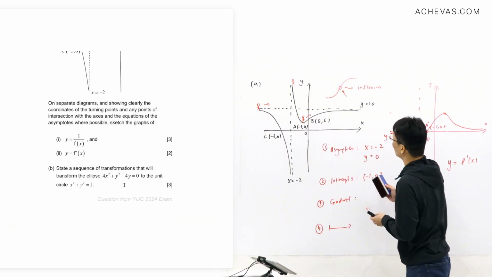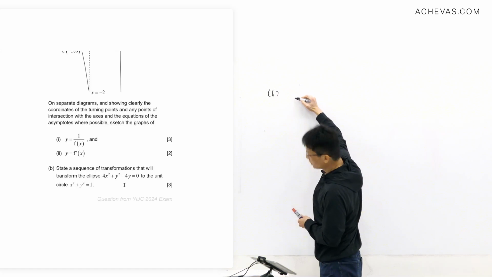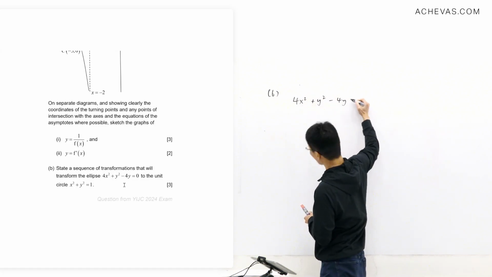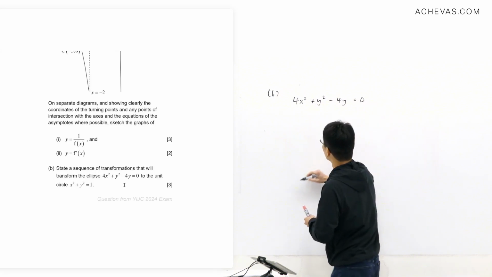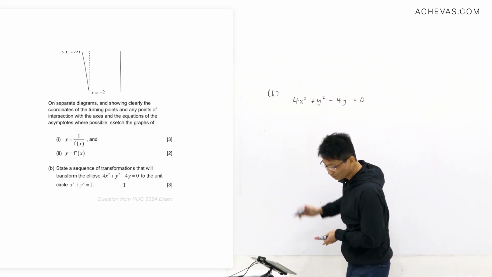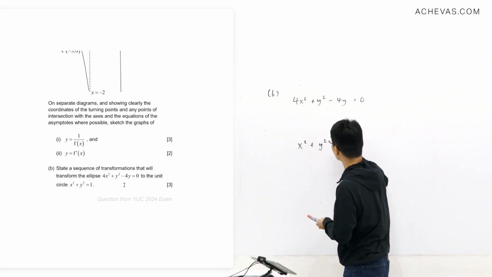Okay, so we can just erase all this again. So the equation is given by 4x squared plus y squared minus 4y equals 0. So we are supposed to describe a sequence of transformation that will transform this into a circle of unit radius.